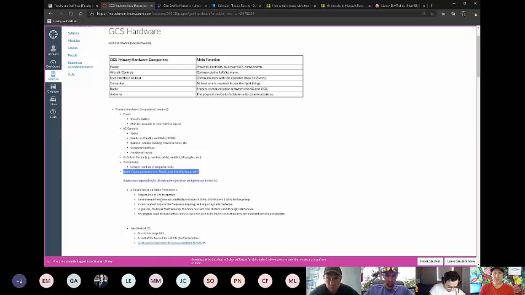So 900 megahertz is basically saying the radio wave is 900 million wavelengths per second, where a gigahertz is saying it's 2.4 billion. So it's a lot. It's an entire order of magnitude higher radio frequency.